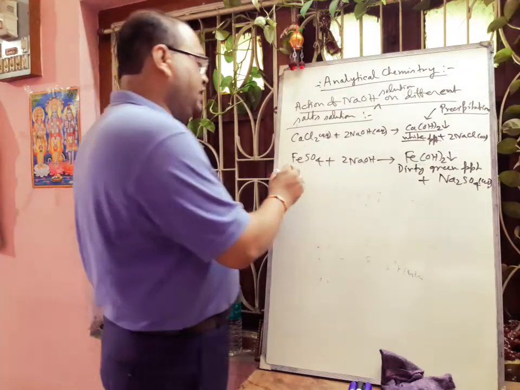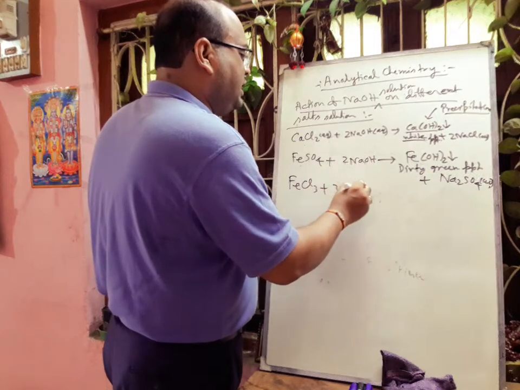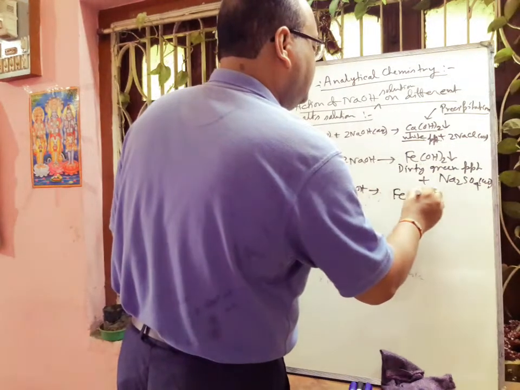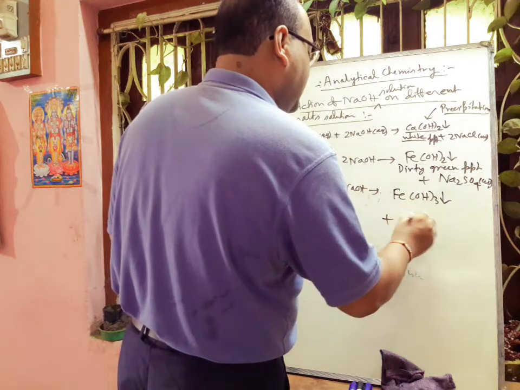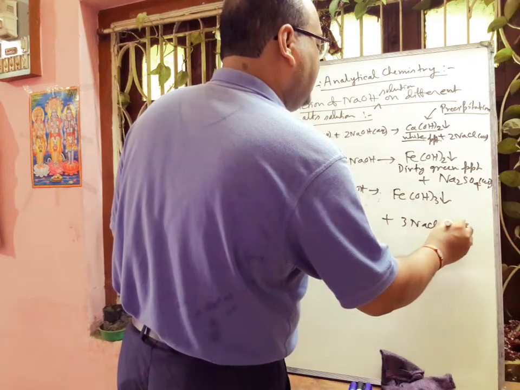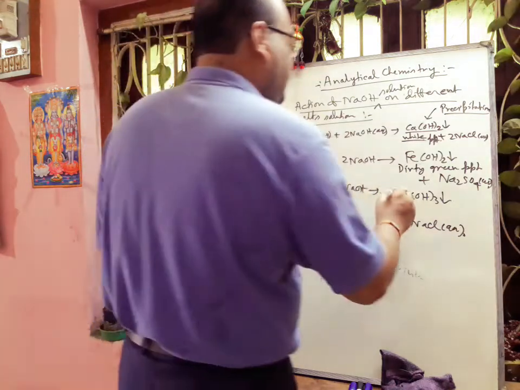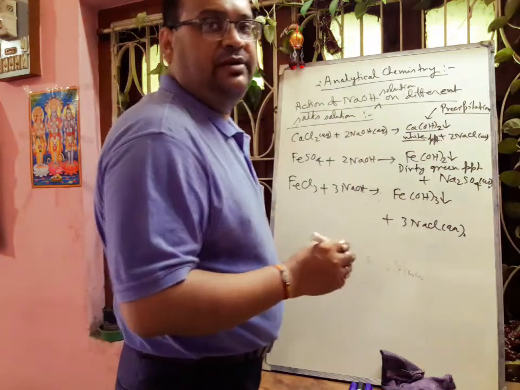Next, we are taking ferric chloride. If we add sodium hydroxide aqueous solution, then it will form ferric hydroxide plus 3 NaCl that will remain in aqueous solution. Now, what is the color of ferric hydroxide? That will be a reddish brown PPT.